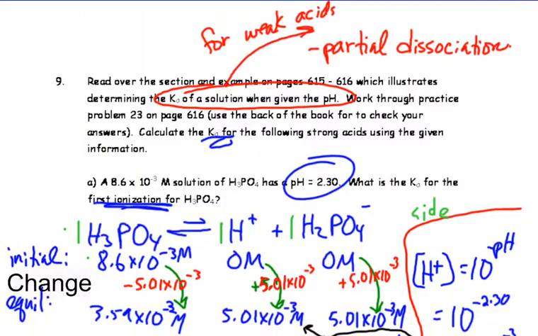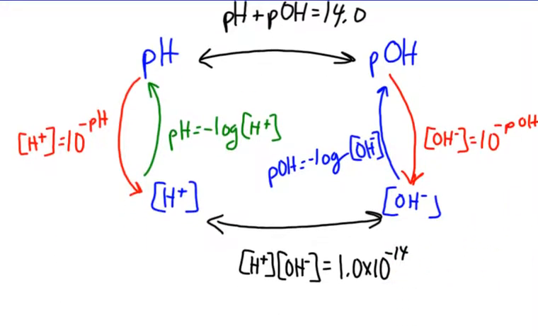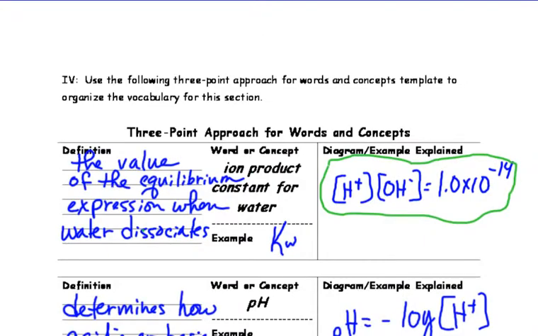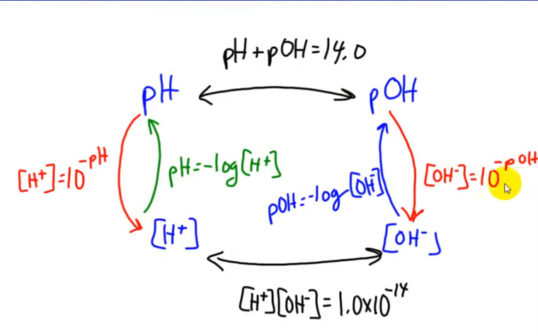In fact, a little schematic that I have here, you may want to copy out. I think I have the formulas on the last page, but you may want to copy this out somewhere: the relationship between pH, H, OH, and pOH. So pH going to H, 10 to the negative pH. Hydrogen ion concentration going to pH, of course, is the negative log. And similarly over here, with pOH going to hydroxide ion concentration, we had this idea.